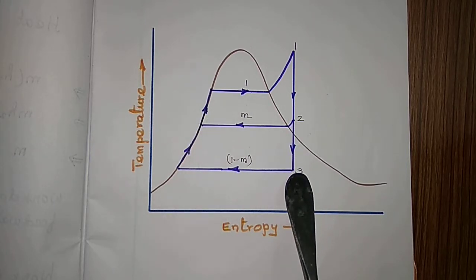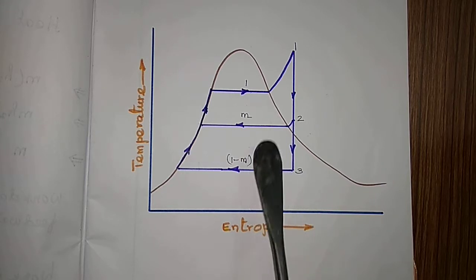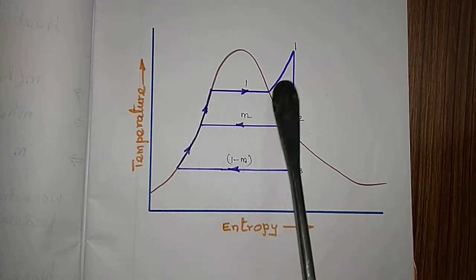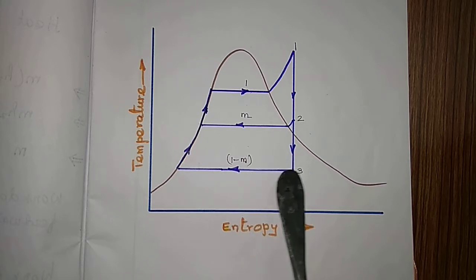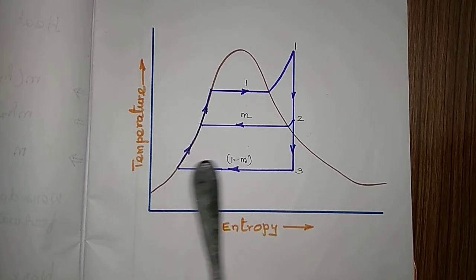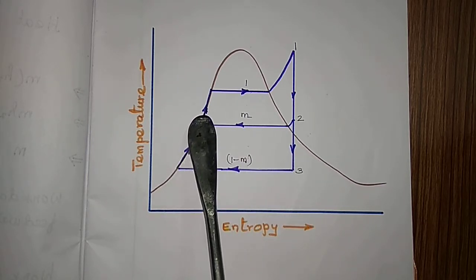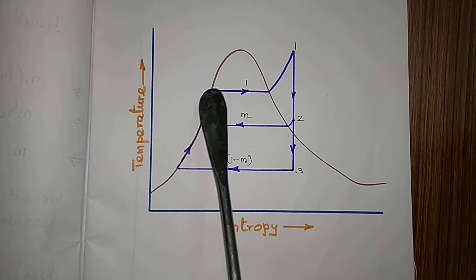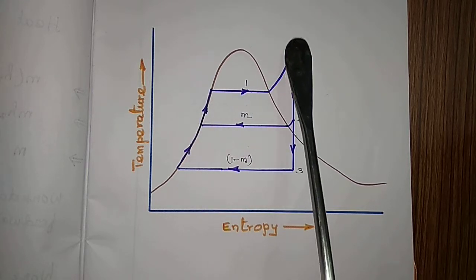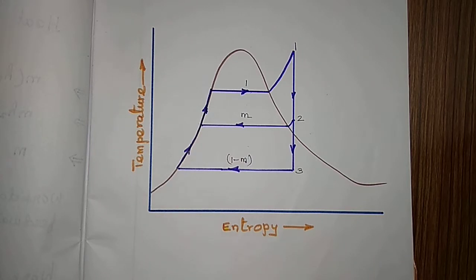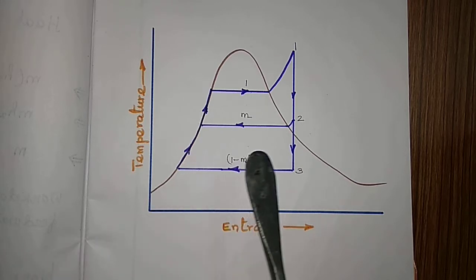And in the final stage, if m kg is leaving out of 1 kg, then (1 minus m) is leaving at the exhaust stage, going and pumped to the boiler, heated and coming to the turbine here. So this is how you have to draw the TS diagram.